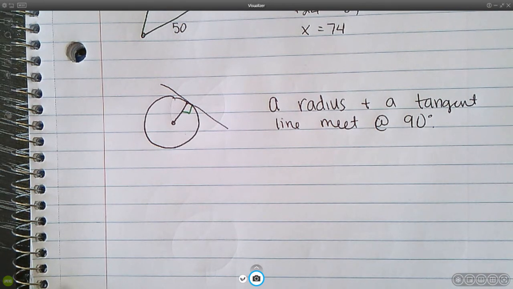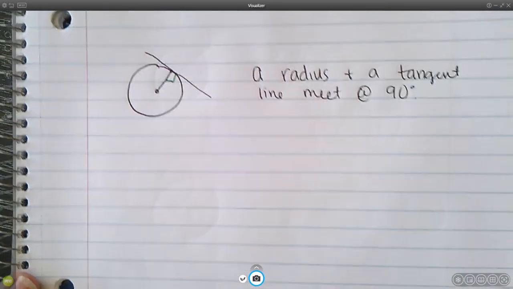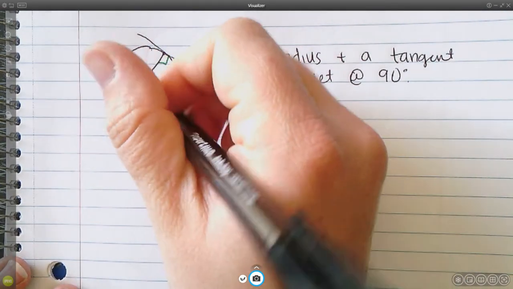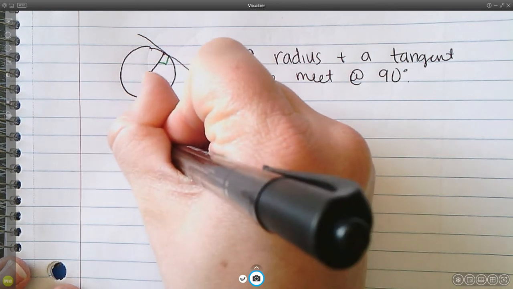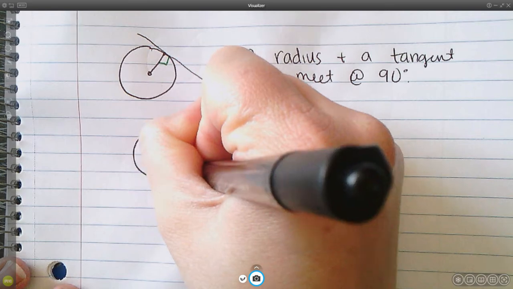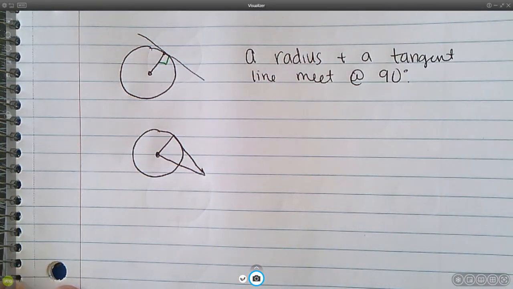So let's look at an example of that. If I have a circle, let's draw this triangle on the outside here.